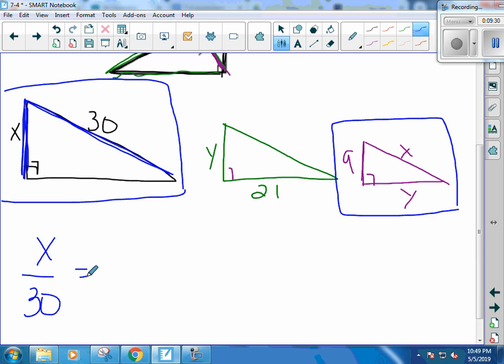I chose leg to hypotenuse, which means I'm now going to do this leg to this hypotenuse.